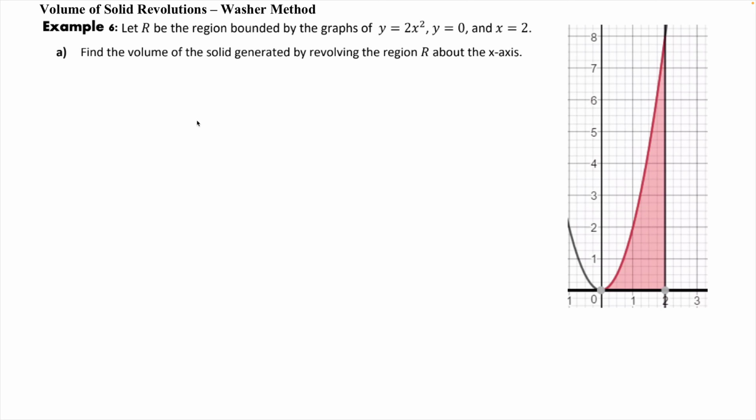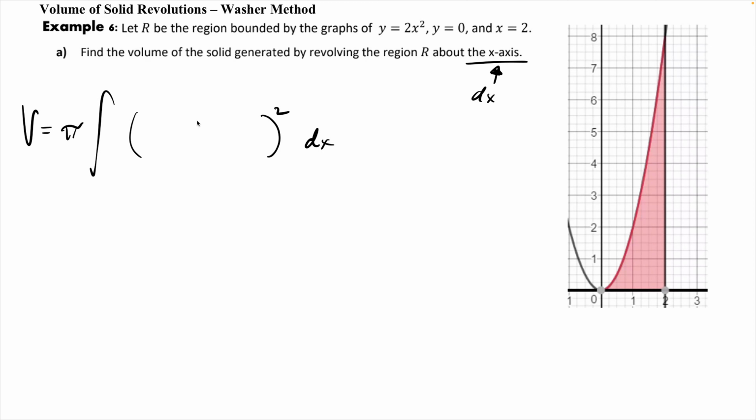There's no difference between the way we did it before and the way we're going to do it now. So there's only one R, and it's squared. And this is dy or dx? Dx, okay? Because we're revolving around a horizontal axis, line. Okay.